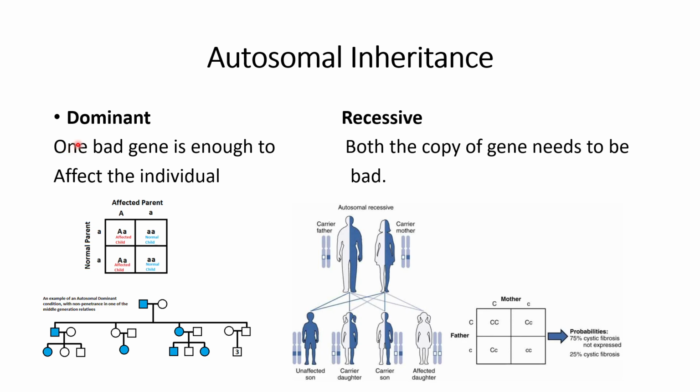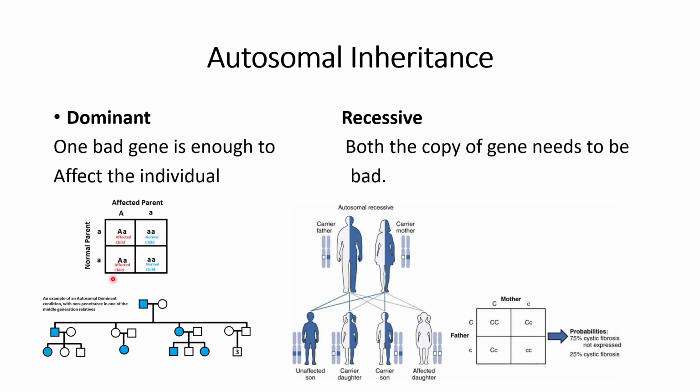If any one of them has the mutated gene, there is a possibility that their offspring will also get this bad gene. The probability of the offspring being affected is 50% if only one parent is affected by autosomal dominant inheritance, as shown here in the figure.